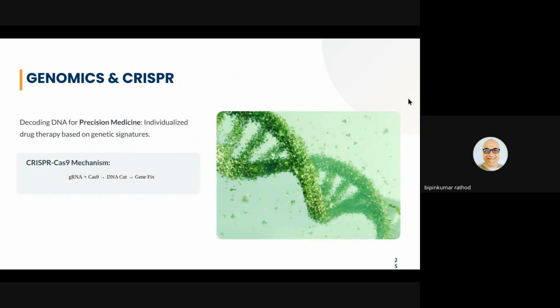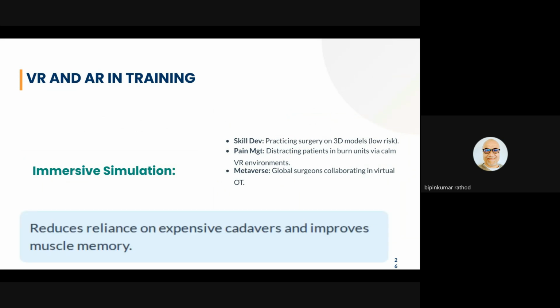Genomics and CRISPR, there is another emerging technology area called precision medicine. This is another technology aspect, VR and AR. VR means virtual reality and AR means augmented reality, in training.